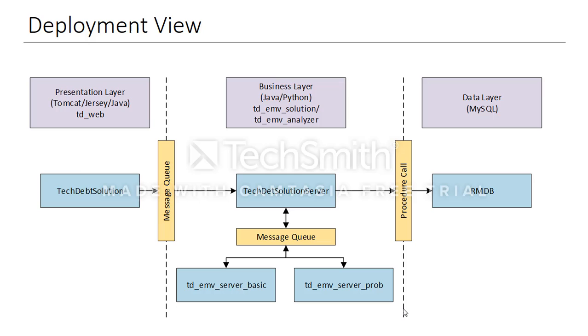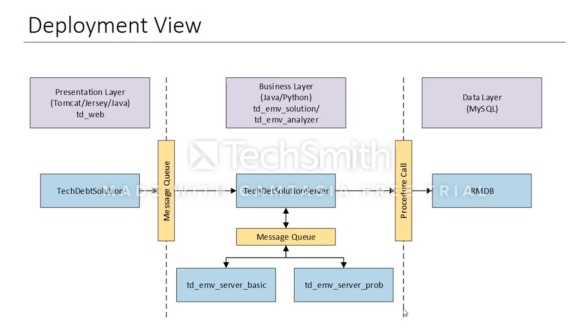This slide illustrates the deployment view of the system. On the left you see that we have a Tomcat web server, and that has a Java class that implements a service that provides access to the TechDebt management system. It communicates with the TechDebt solution server via message queue. That TechDebt solution server is a Java implementation.